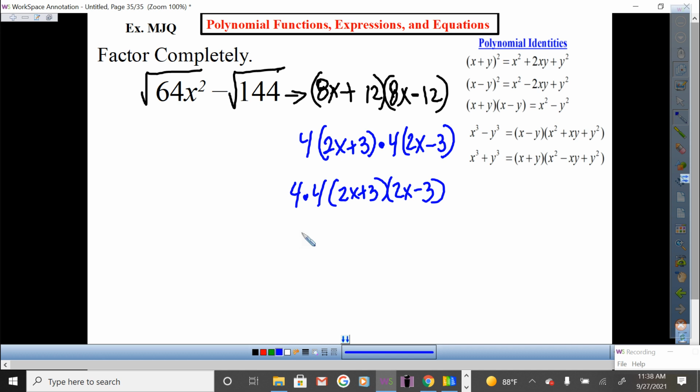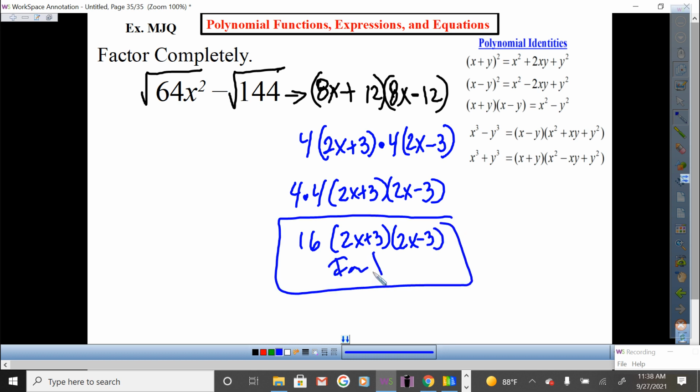So that leaves me with 16 times (2x plus 3) times (2x minus 3). And these are my factors. Hands, have you got that? Yeah, some of you got the 16 at the beginning. You divided out the 16 and then you went to work from there.